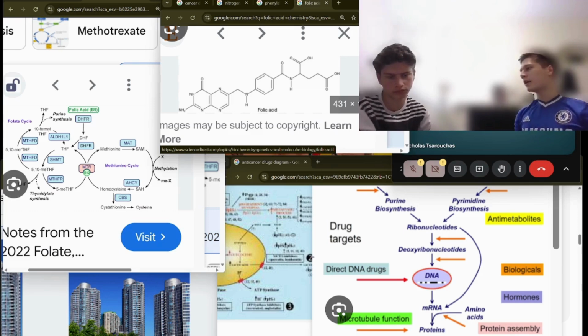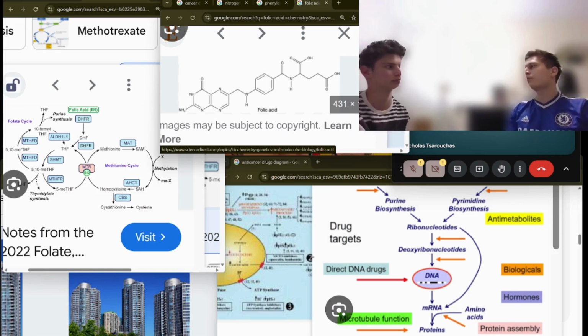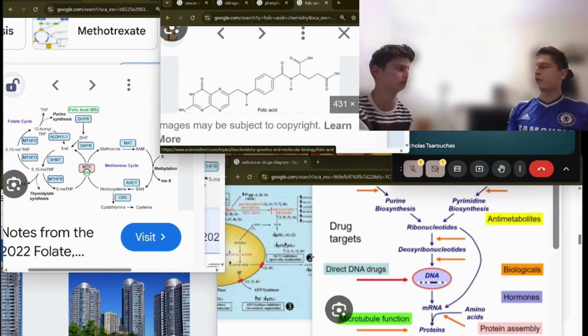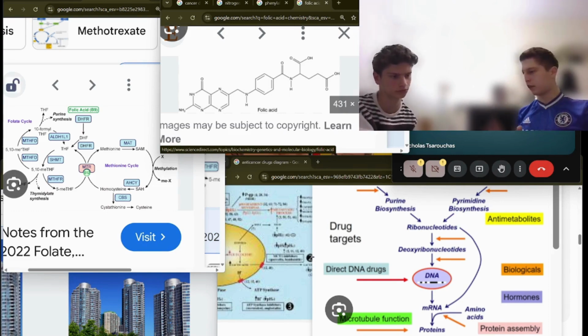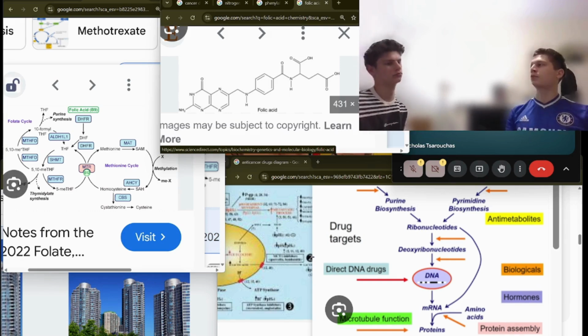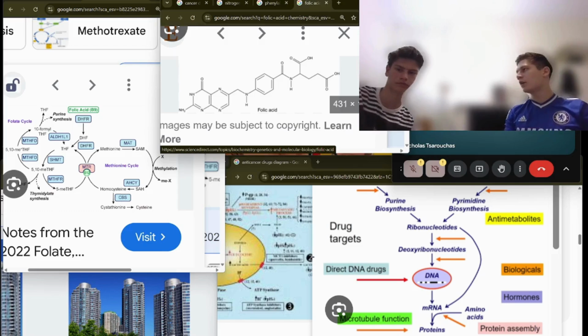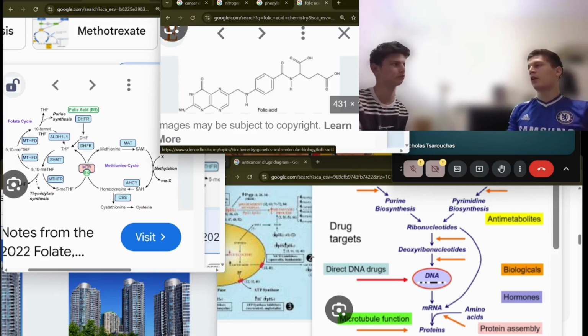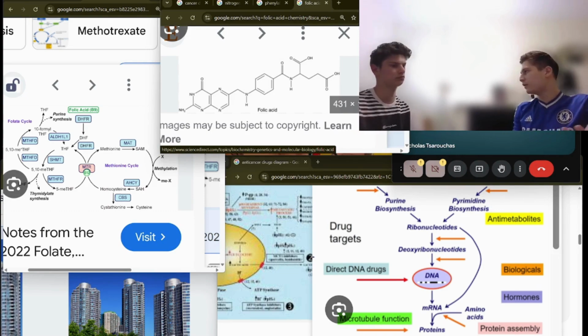Things like tumor dynamics. If you have a solid tumor, the different cells in the tumor will be proliferating at different rates. This comes with the tumor stem cell model, where cells will differentiate, and you have these dedifferentiated cells. Some cells in the tumor will be highly proliferative, and some cells will not proliferate at all. So those cells would be highly unlikely to be hit by a lot of these drugs because they're not proliferating.